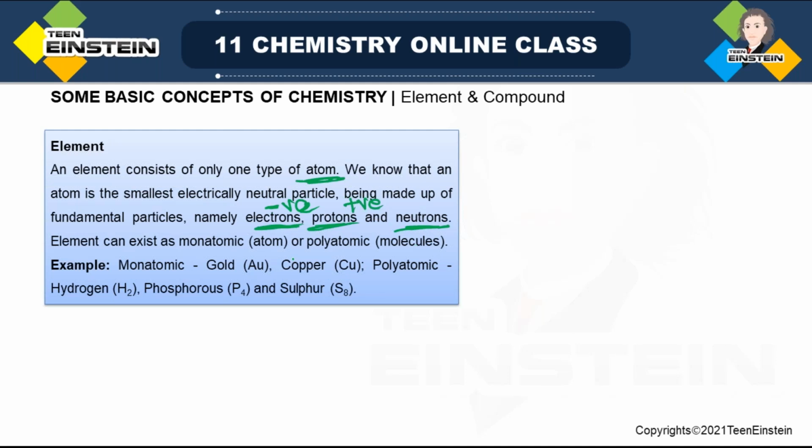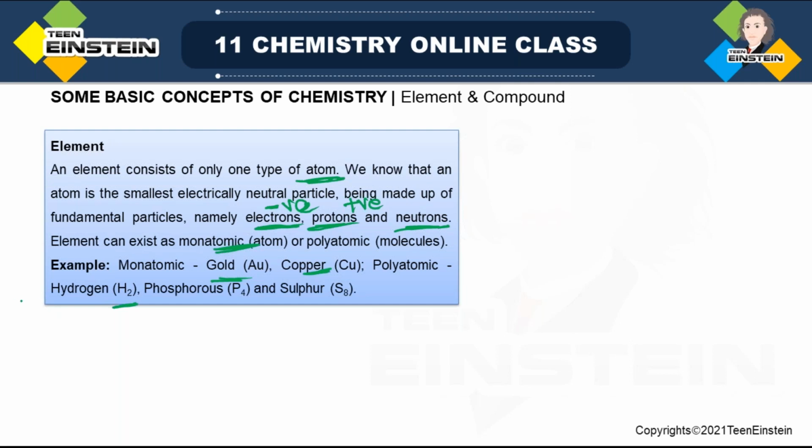So an element can be monoatomic. Examples of monoatomic are gold, copper that you have already seen, then sodium. But when it is polyatomic, it is a single element but with two or more atoms together.